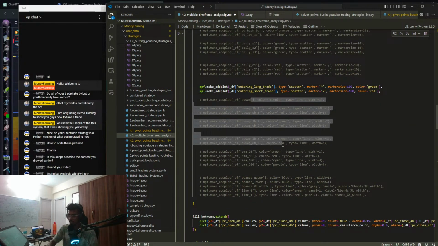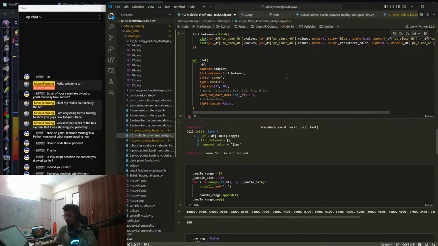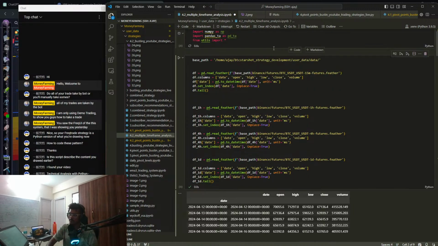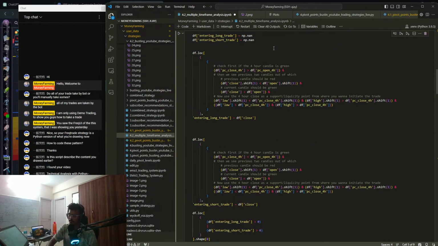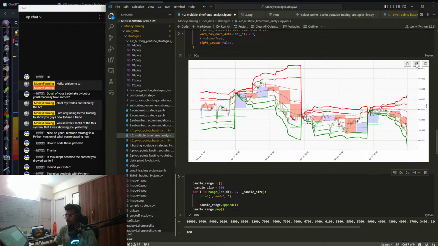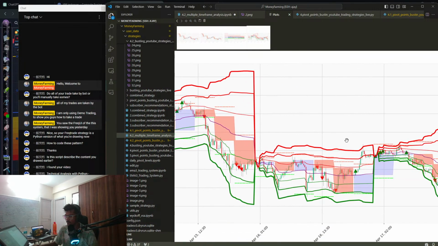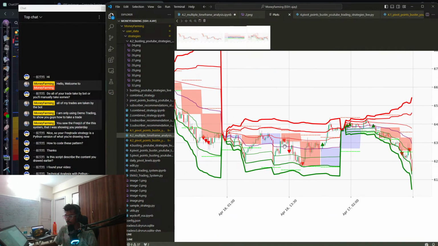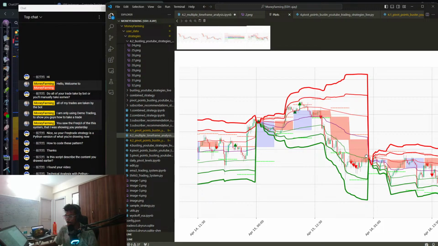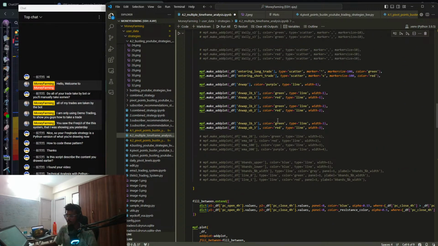So I got my daily pivot level. I think weekly should be fine too. Oh man, I like the chart.